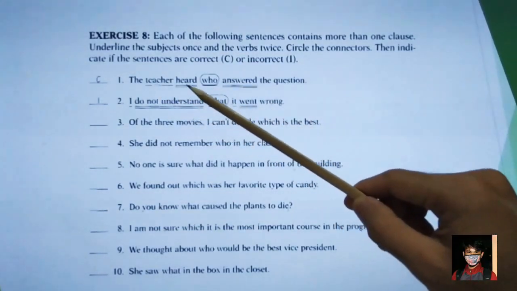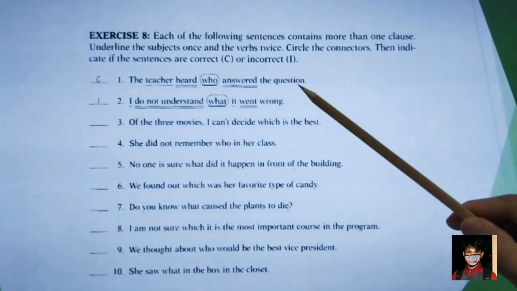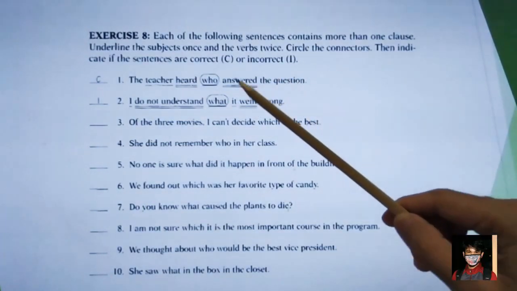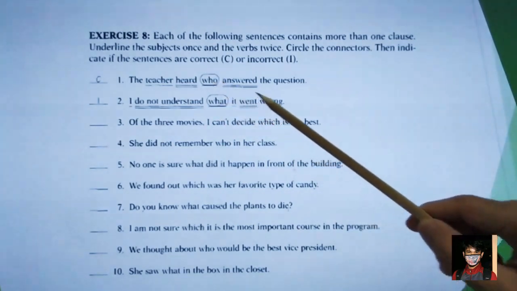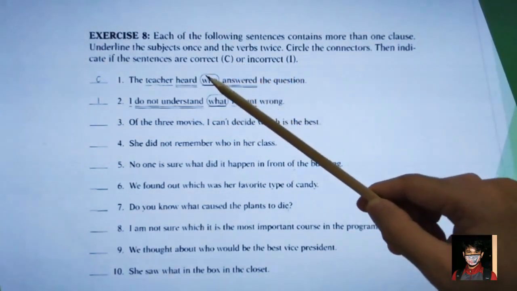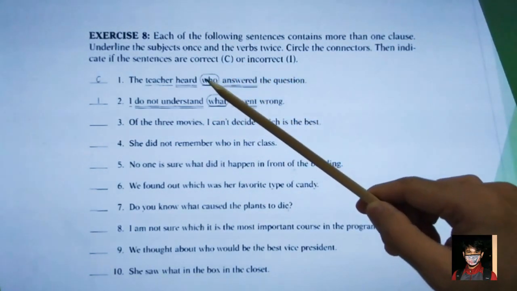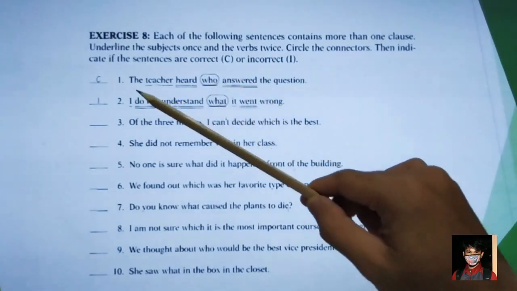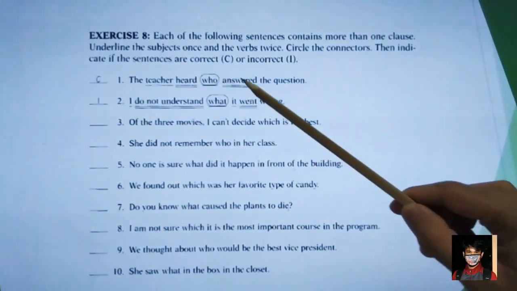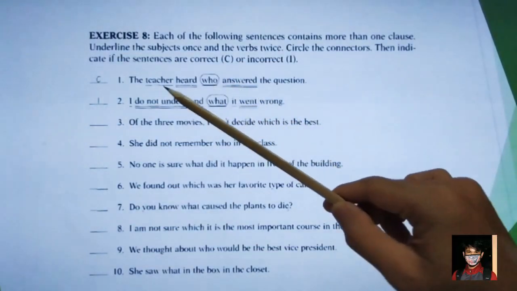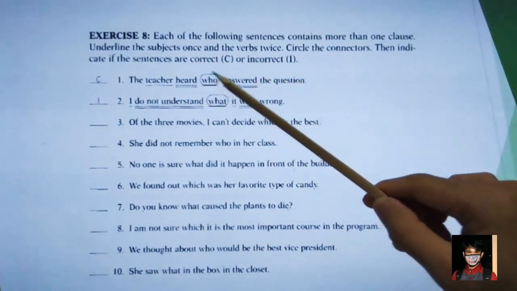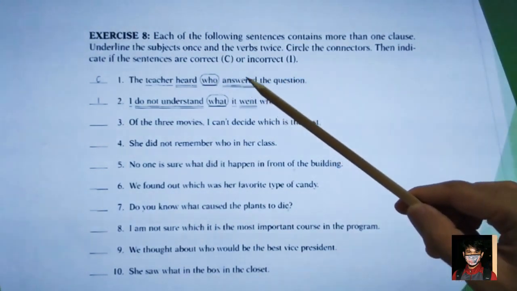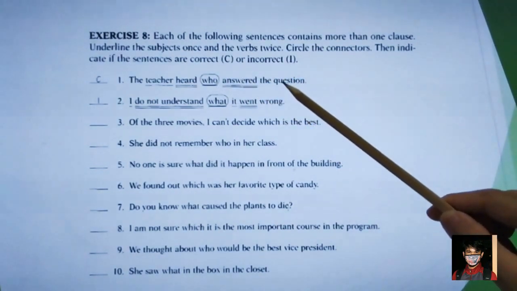So we could say that it is a noun clause. Why? Because we could substitute this with that: the teacher heard that. So that consists of the connector, dependent verb, and also the object.